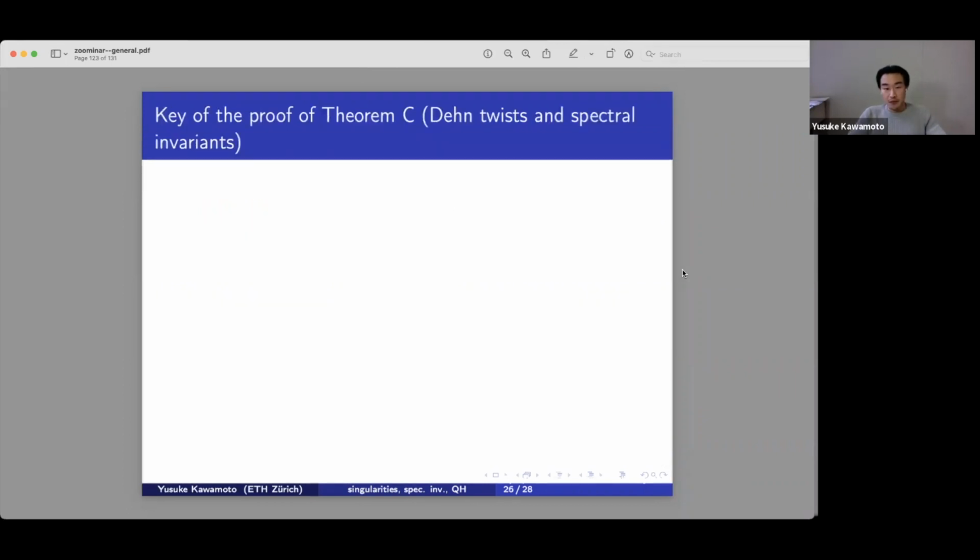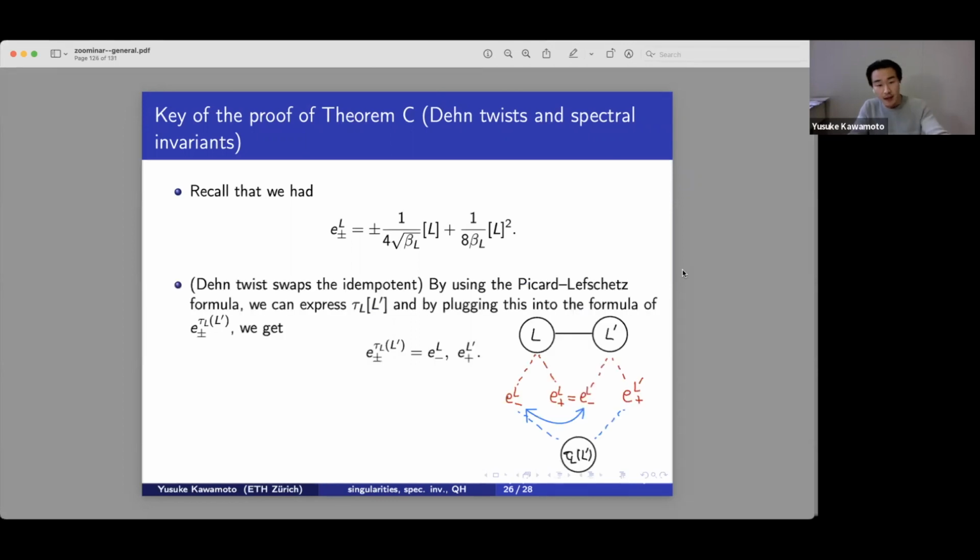I'm not going to prove this entirely, but I'm going to pick up some key points. First of all, remember that each Lagrangian sphere gives you these two units of the Fukaya category, e_L plus and minus.